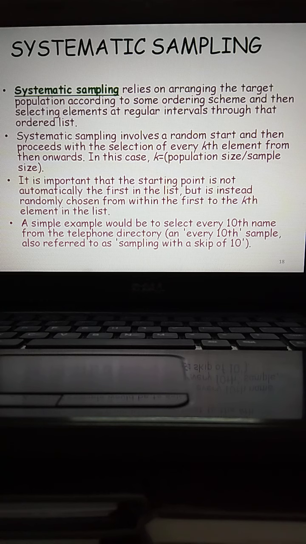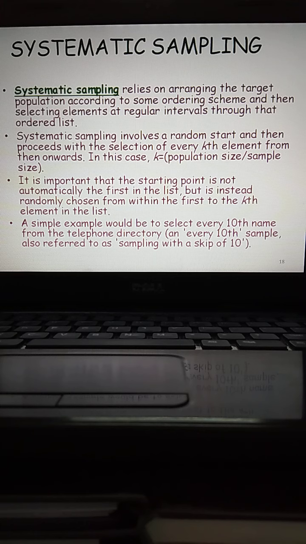So out of 1000 values, first number 10, next 20, next 30, next 40, like that you are going to pick. So that gap is going to be the same and similar throughout the selection of the sample. Hence this method is known as the systematic sampling method.